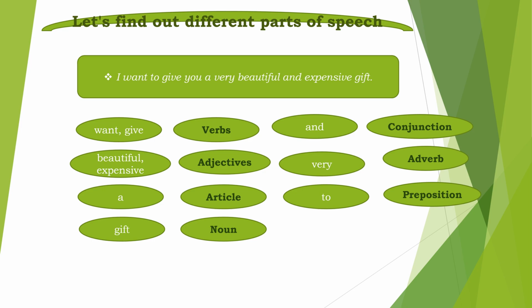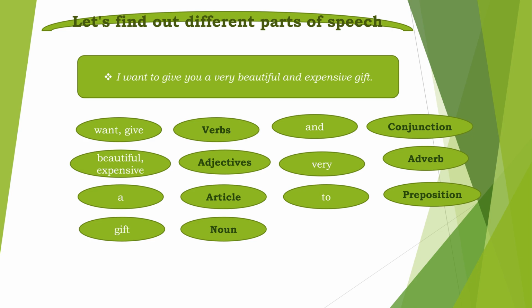We have 8 different parts of speech in English grammar. It doesn't mean that we have to use all parts of speech in the same sentence. It depends on what a sentence requires.